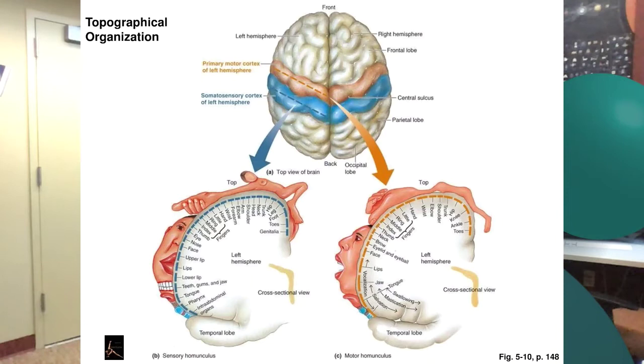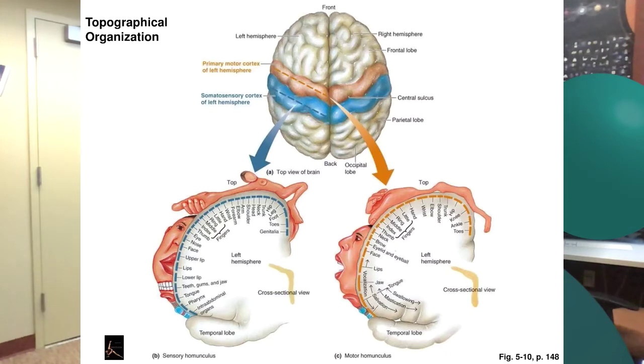Now the pictures below them are referring to something called a homunculus. Homunculus literally means little man. And what it is, you can see, is that it is showing the distribution of motor output. So if you look over down to the right, that's the distribution of motor output from the primary motor cortex to the different parts of the body.